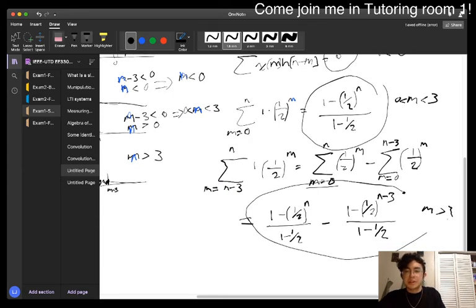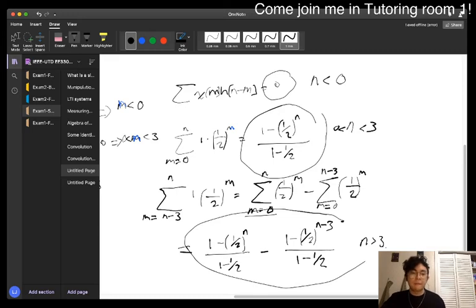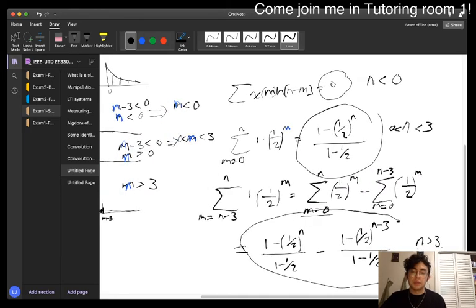It should be n. n is greater than 3. Cool. So that's convolution of a discrete signal. Any mistakes, questions? I'm bad at algebra.